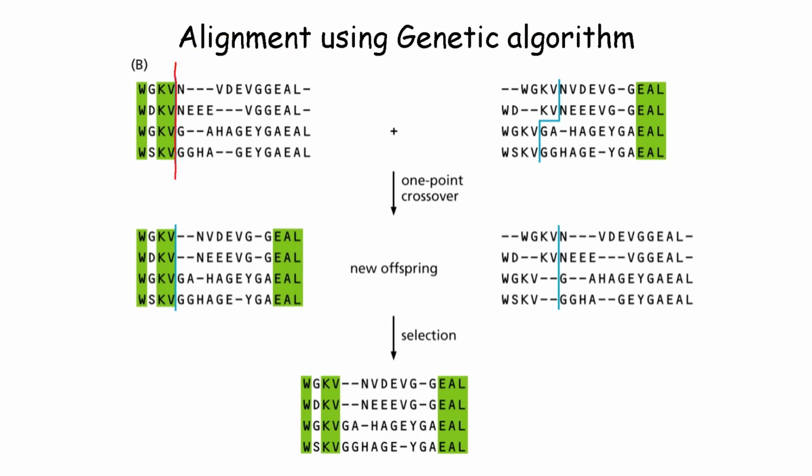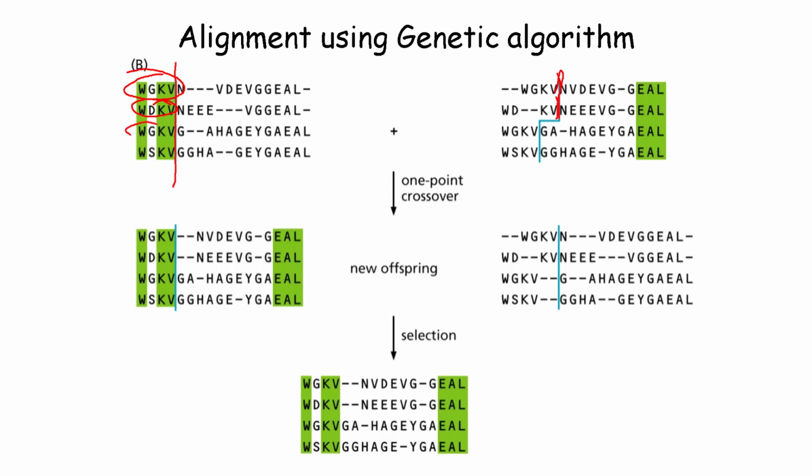We pick a crossover point in one of the alignments, which is just a straight cut of the matrix. We then need to find where that crossover point is for each of the sequences in the second parent. Here we have cut the first sequence in the first parent after WGKV, and in the second parent, this is where the WGKV ends. In the first parent, we have cut the second sequence after WDKV, and here is WDKV in the second parent.